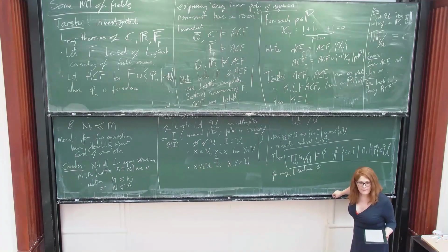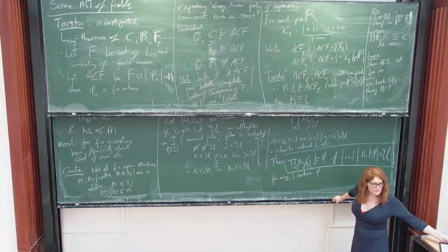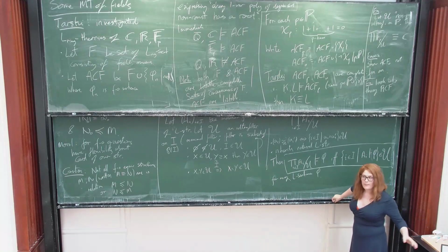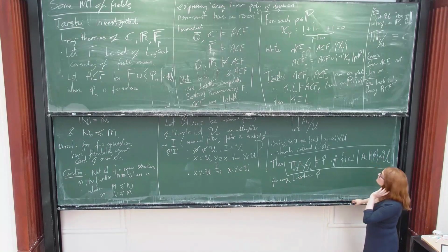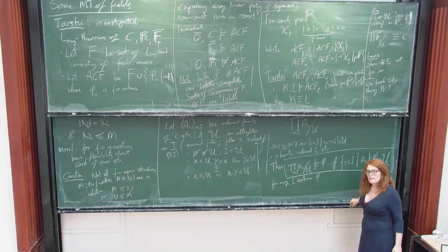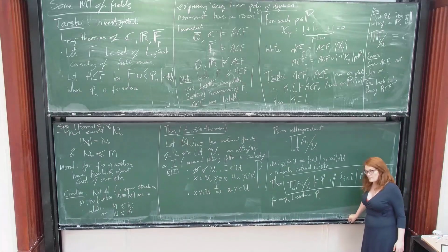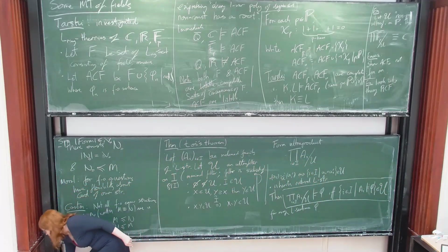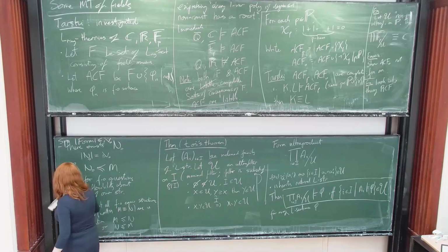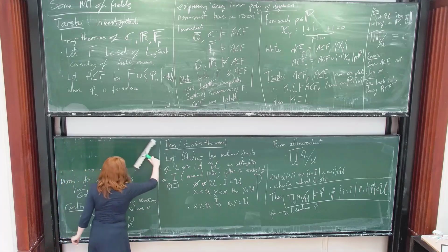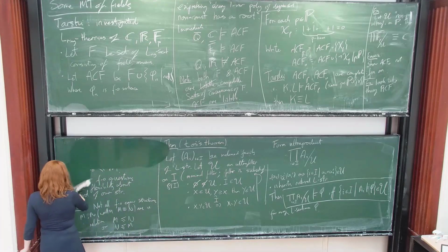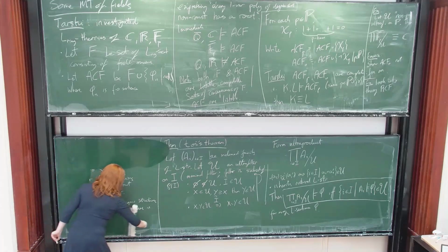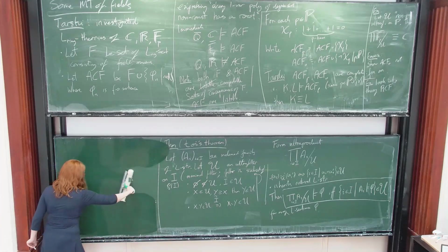I think ACF p is also not finitely axiomatizable. Oh, yeah, that's also true. You're absolutely welcome to show that ACF p is not, because in characteristic 0, you don't need algebraic closure. Yeah, that's also true.